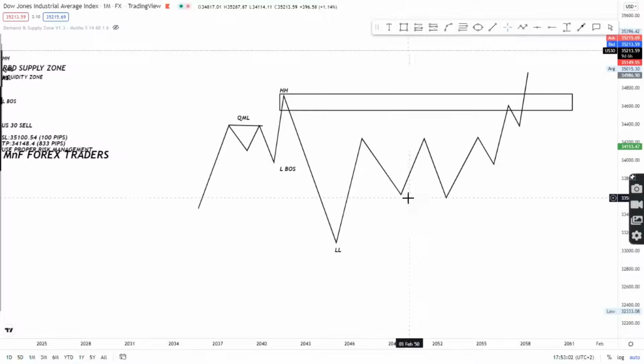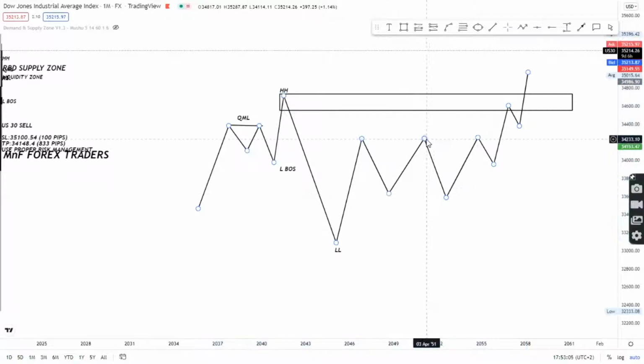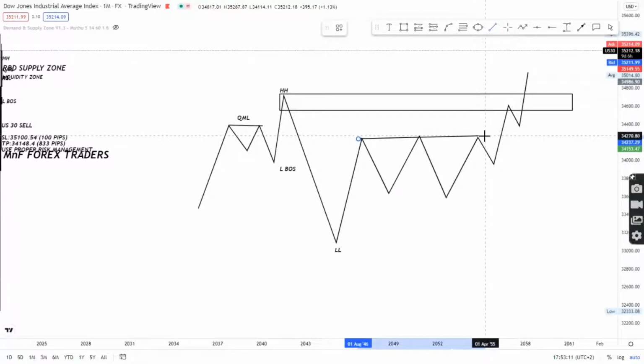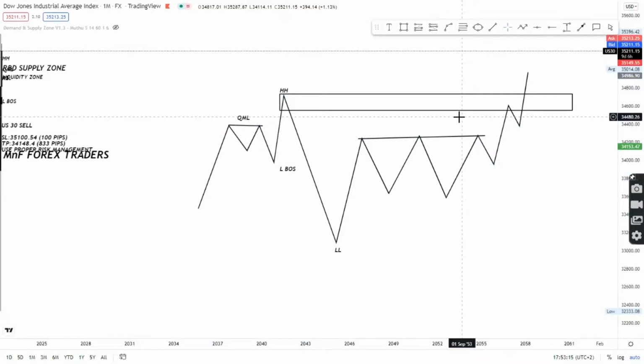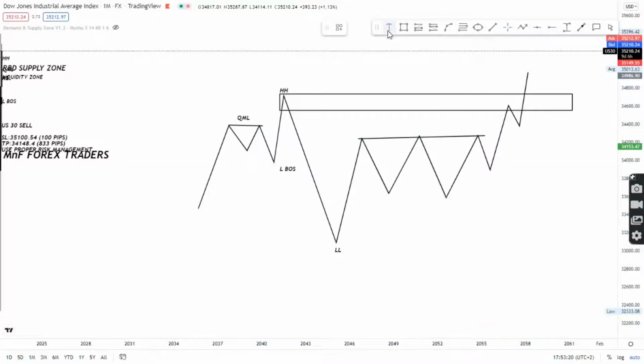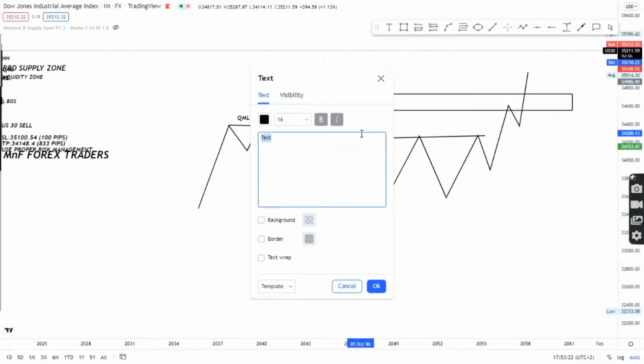Then the market came to us in the form of a fake out, where the market had respected this resistance level almost 3 times and then it was taken out like this.